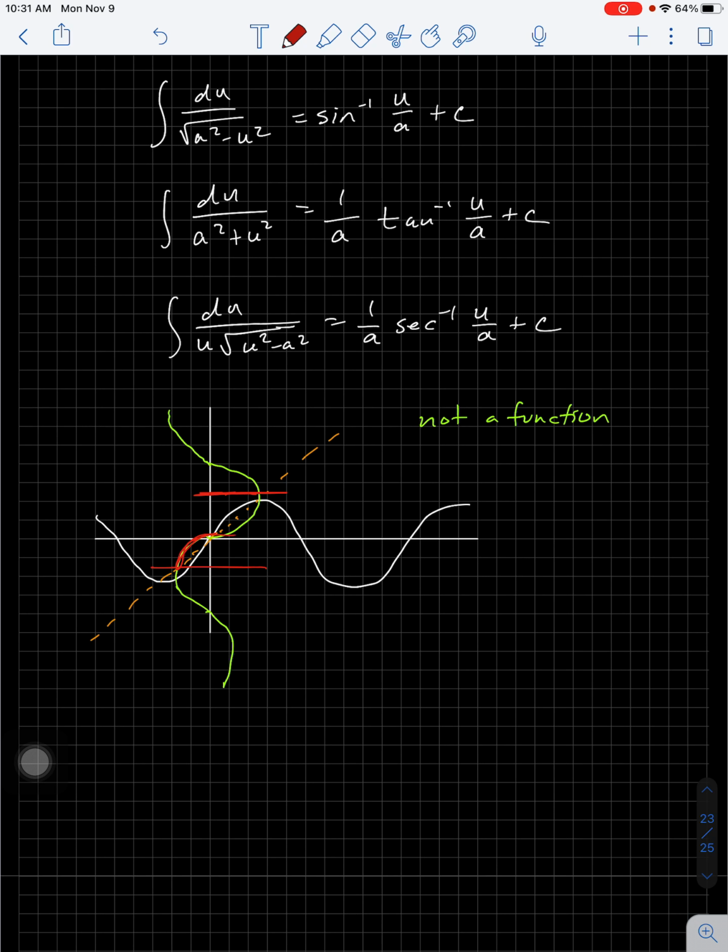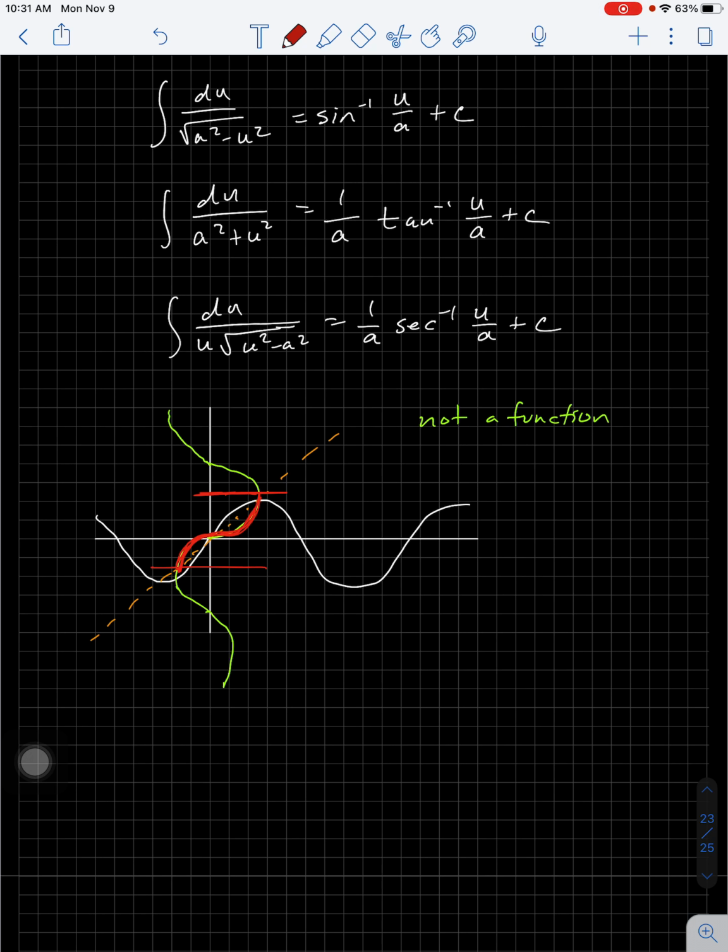And so then we just define the inverse sine on this red part of the graph, and you can notice that that red part of the graph is a function. We cut it off there as a convention. There are lots of other ways you could restrict the domain to make it a function, but the universal math gods decided that's how we were going to do it, so that's what we did.